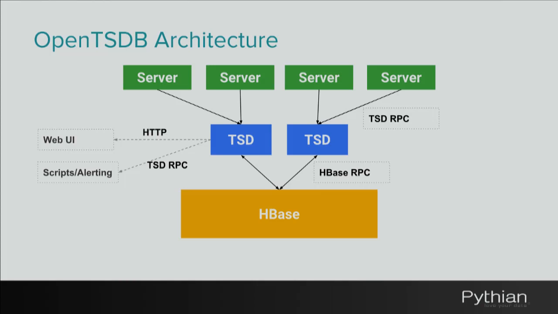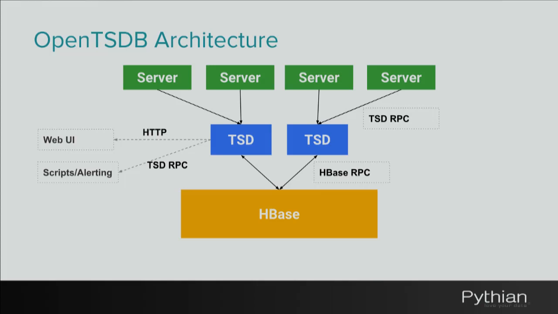In this case, TSD is giving you this translation layer, right? You don't work directly with the data in HBase because the model is so highly optimized for time series, it's very hard to work with the data manually. It has very compact storage, and you need this layer to translate your requests into requests to the storage.